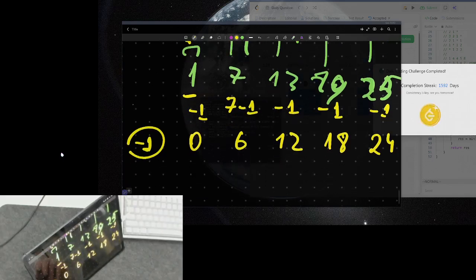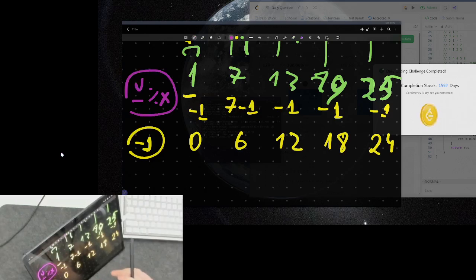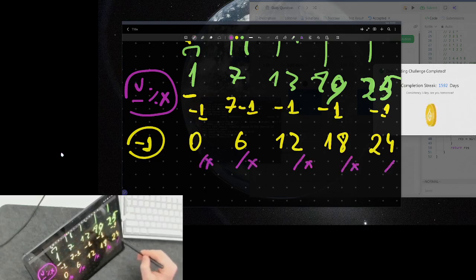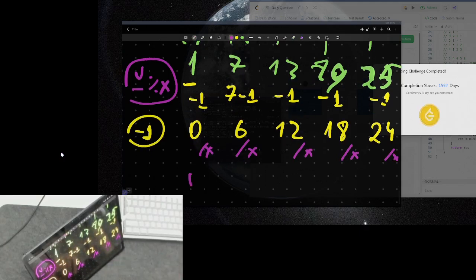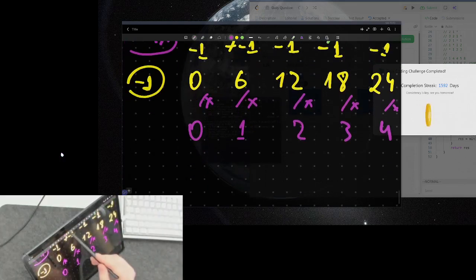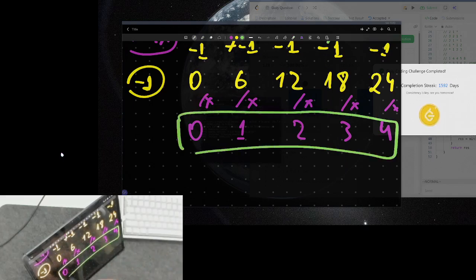So basically we subtracted the modulo x remainder from each of the values. After that you can divide by x for each number, and this would be the operations count. So it became 0 divided by 6, 1, 2, 3, and 4. This is a list of numbers of operations.